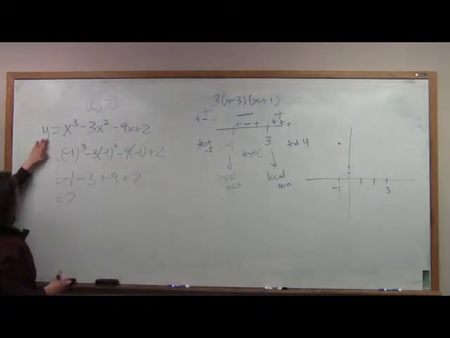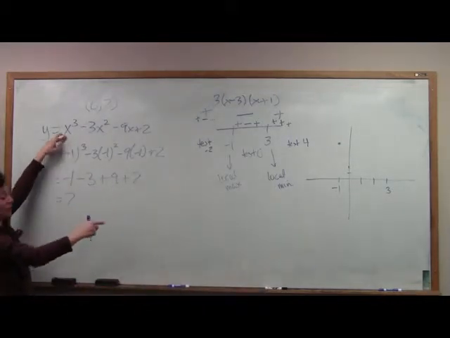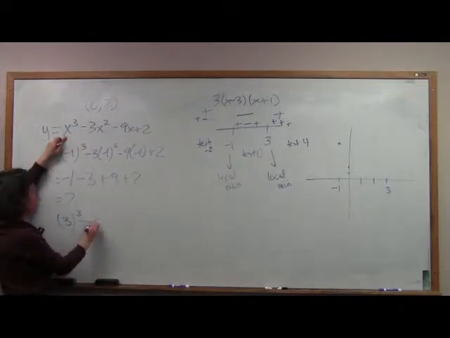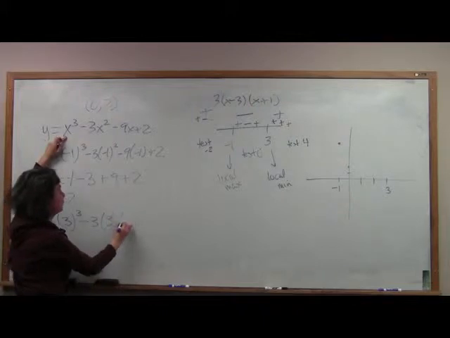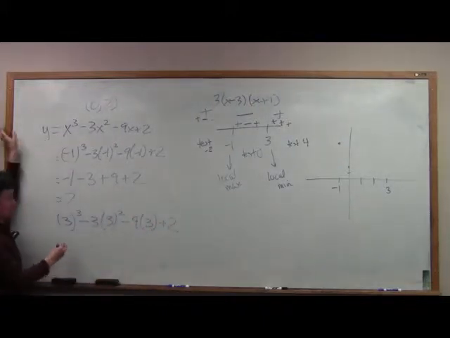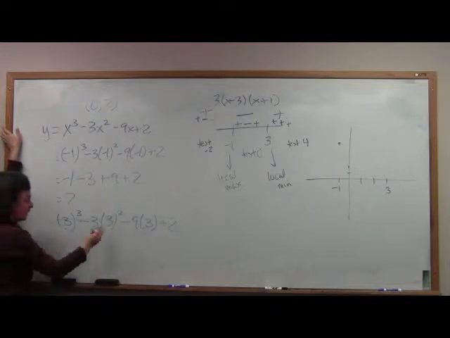So not a lot bigger, but about right there. And now let's do the same thing for plugging in our other critical point of 3. So what do we have? We have 3 cubed minus 3 times 3 squared minus 9 times 3 plus 2. Well, these guys cancel out, and so I claim you get -25.